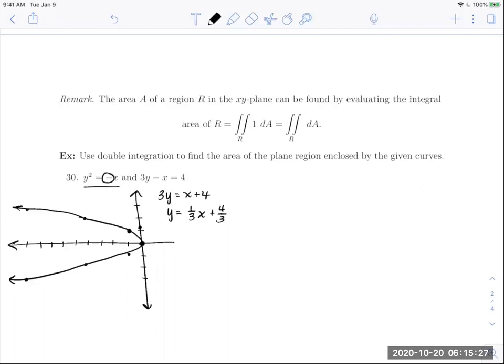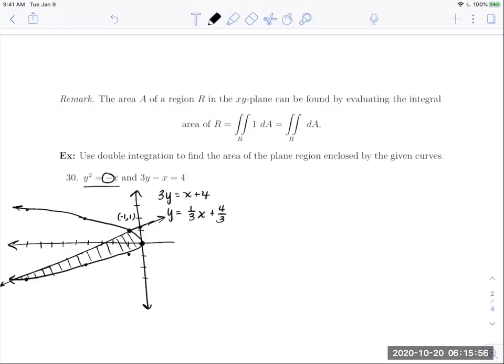So we intersect at this point negative 1, 1. And then you can sketch it from here, quite honestly, if you want to. And you can see that there is some type of a region in between this line and this parabola.